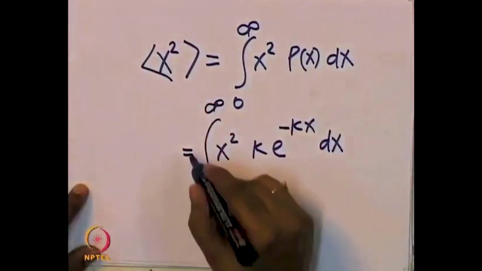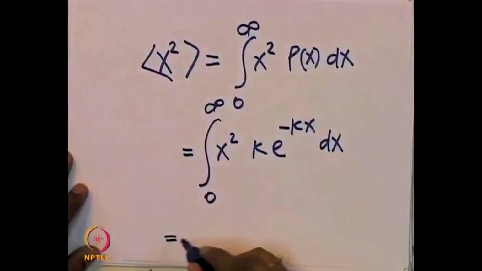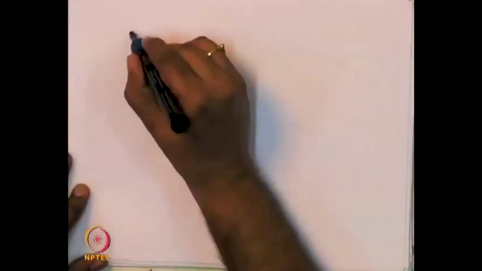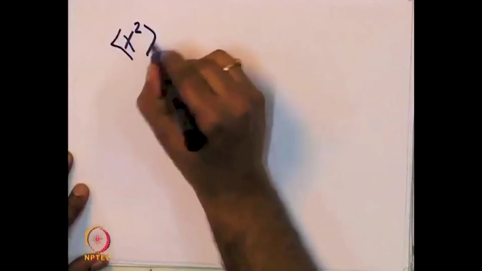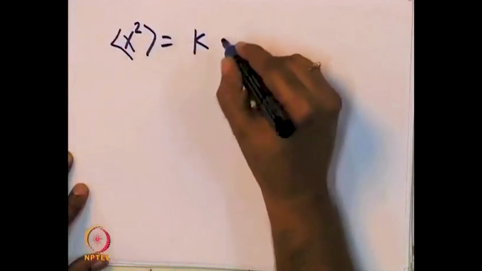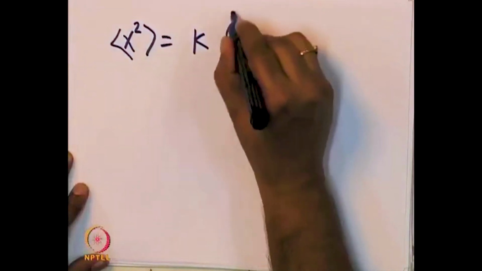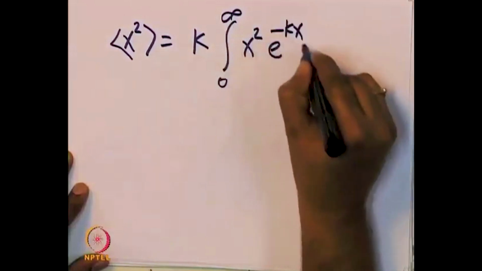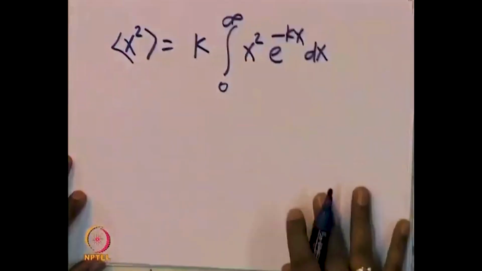I can take this k outside and write x square average as k times the integral from 0 to infinity of x square e power minus k x dx.